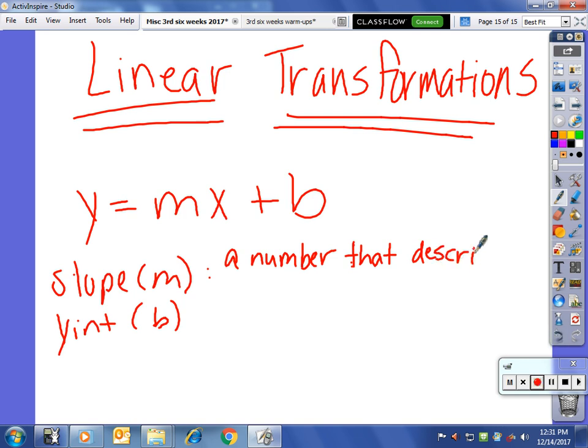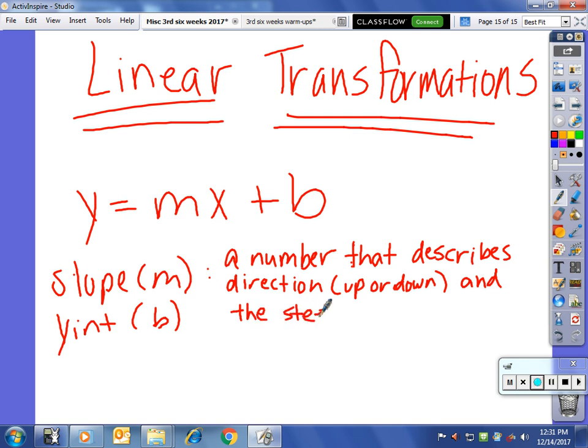It describes the direction, which means either up or down, and the steepness of the line. Y'all know what steep means, right?